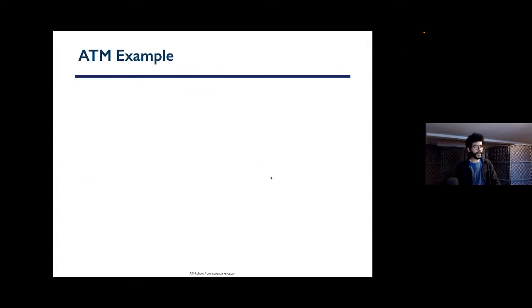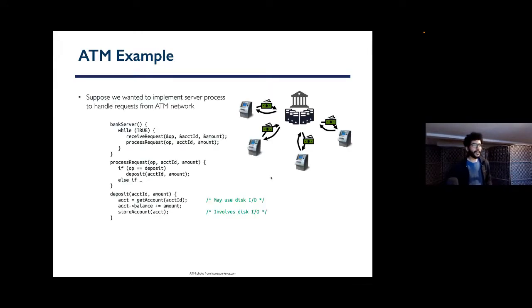Okay, let's move on. Let's look at an example. It's an ATM example. Let's say that we are writing this server process for a bank, and there are different ATMs all over the country sending requests to this server for transfers.